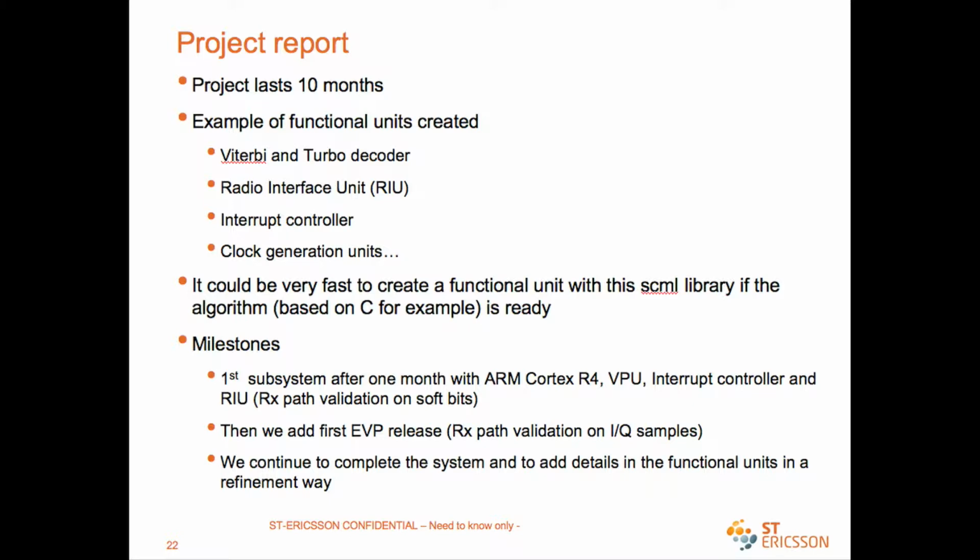So again, using the SCML library, it's really easy to go fast to create models and to set up the platform quickly. So this was really the target. So after around 1 month, we had the ARM Cortex R4 available with the VPU, the interrupt controller, and the RU.